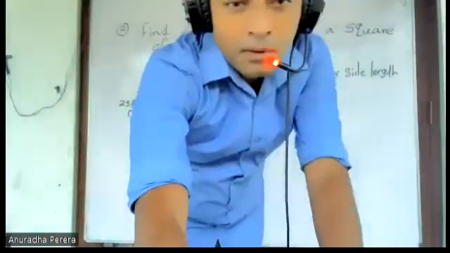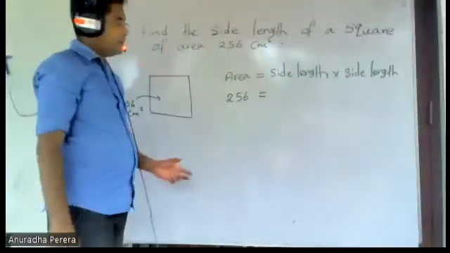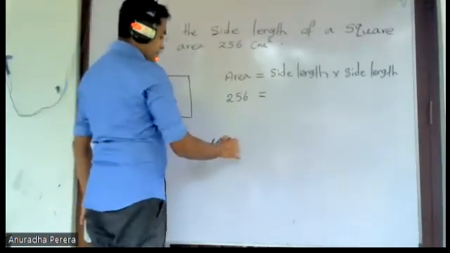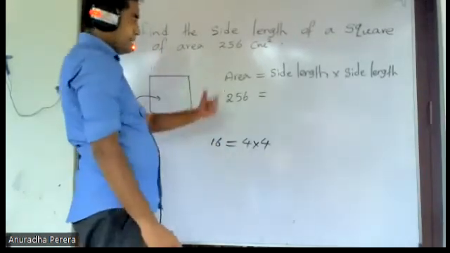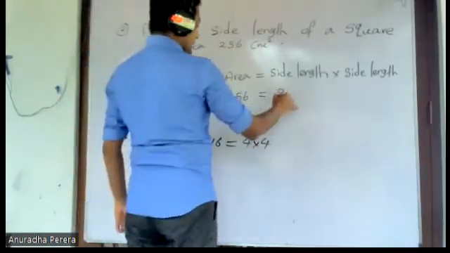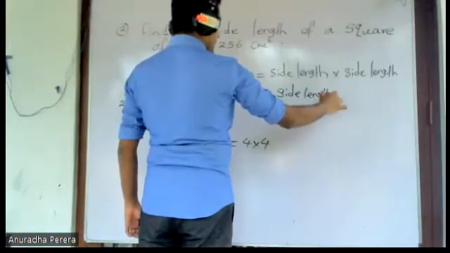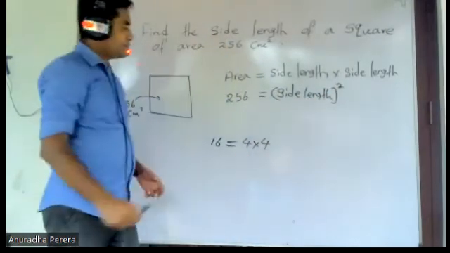Sir, your video is switched off. Okay. Now what should happen? If you take 16 as 4 into 4, this is actually side length to the power 2. Side length into side length means side length to the power 2, right?